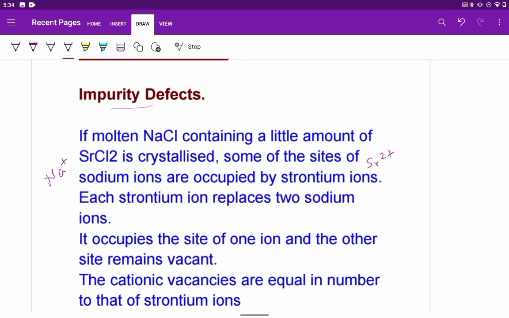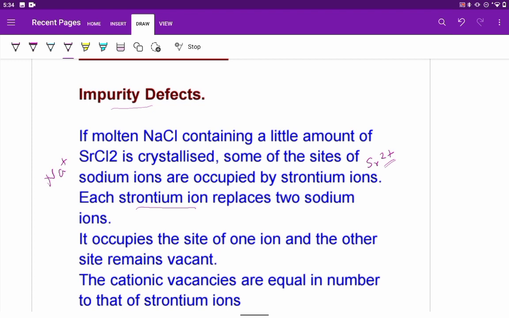Since it is having two positive charges, each strontium ion can replace two sodium ions. The neutrality will be maintained that way. Charge balance will be there. But there will be one vacant site. Because see, one strontium ion is replacing two sodium ions.